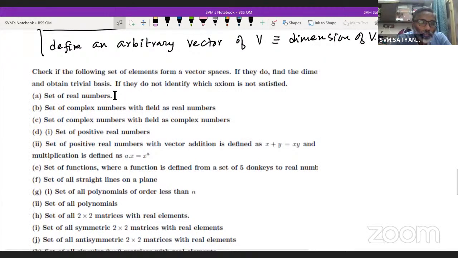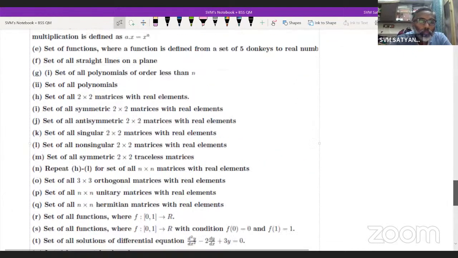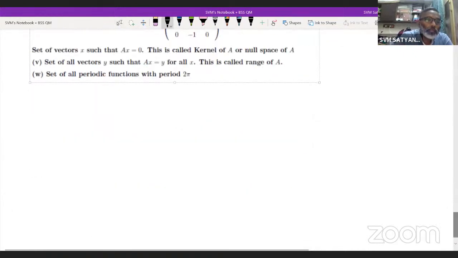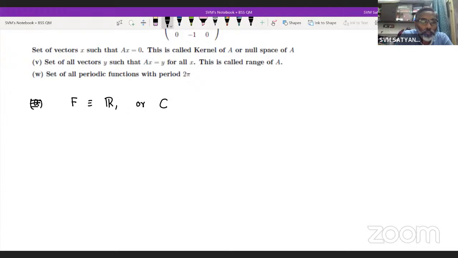Set of real numbers. Now, note one thing. So let us say A. Before we do this, first let's understand that this F, the field, is either real numbers or complex numbers in most cases.